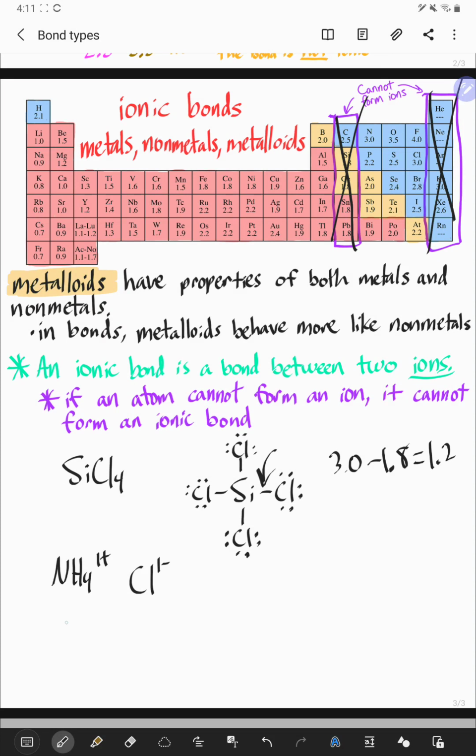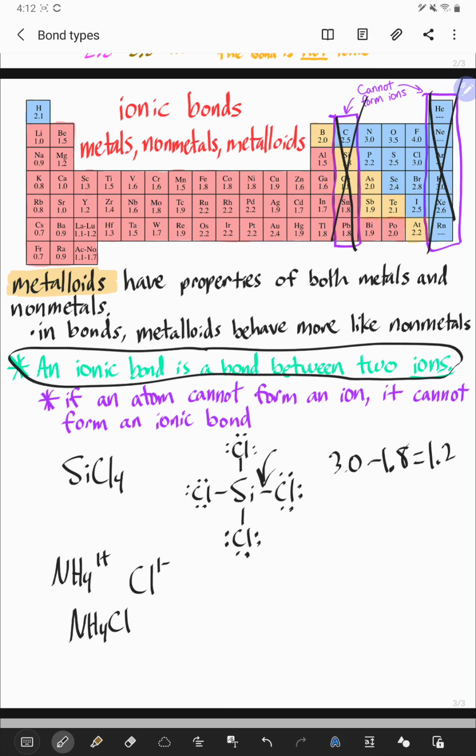These could form a bond and we get NH4Cl, and it's an ionic bond. Even though we don't have a metal here, we have two ions. The most important thing with an ionic bond is that it's a bond between two ions. I would say that's the most important characteristic.